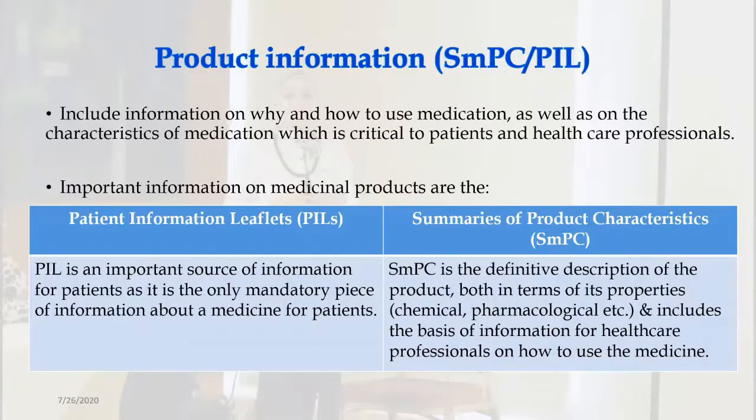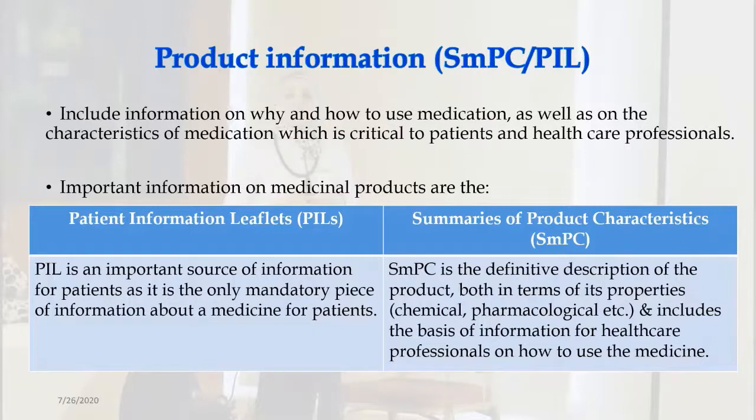The product information, including both SMPC and PIL, includes information on why and how to use medication, as well as on the characteristics of medication, which is critical to patients and healthcare professionals. So that means the information included in both SMPC and PIL will guide the patient and the healthcare professional on how to use the medicine and why to use it.